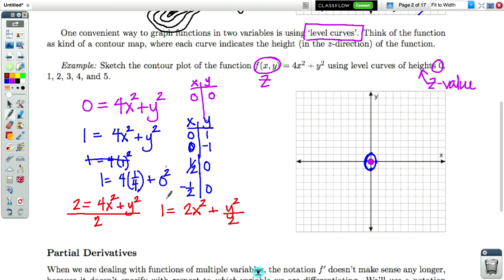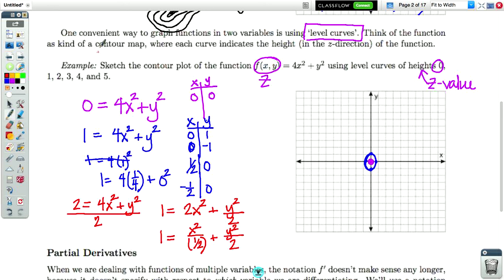And when I'm dealing with conics, I like to have fractions, so I'm going to write this in a really weird way: 2x squared over 1/2 plus y squared over 2. I only wrote this on the bottom here because I like to have ellipses in this fractional form.